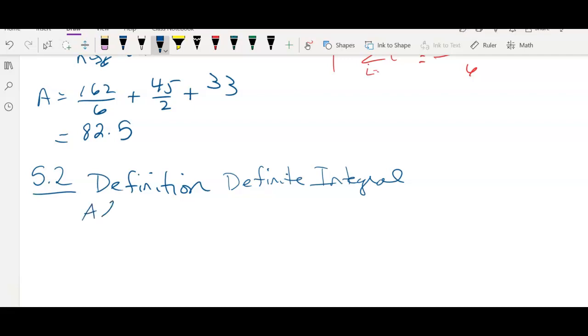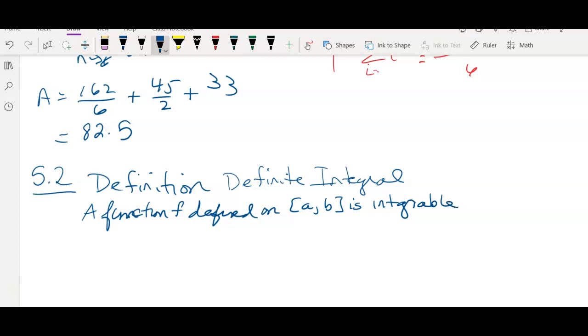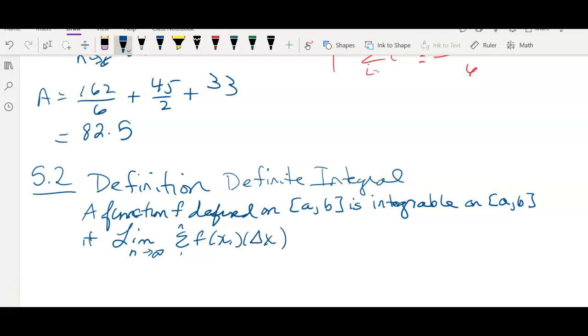So a function f defined on AB is integrable, that is a word, is integrable on AB if the limit as n goes to infinity... okay, this is what we just did.